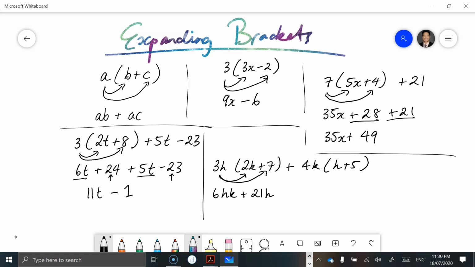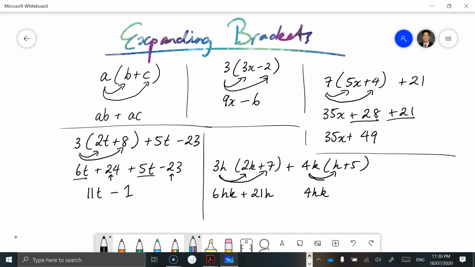Okay, so there's our expansion for the first brackets. We're going to move on to the next brackets and do exactly the same thing. So we've got 4 times kh, and like I said, I prefer your pronumerals in alphabetical order.